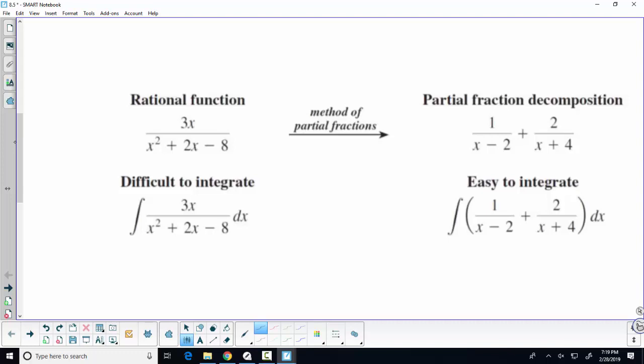The process of partial fractions allows us to break this up into fractions. And in thinking about what we're doing, 3x over x squared plus 2x minus 8 would be harder to integrate. However, if we break it up according to partial fractions, then we have something that's easy to integrate. So what would be the antiderivative then of this right here?